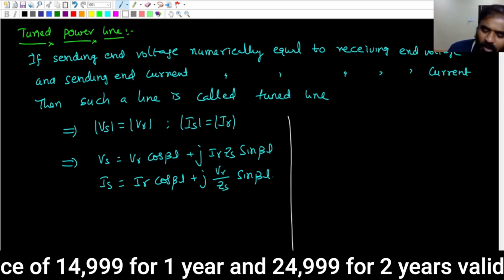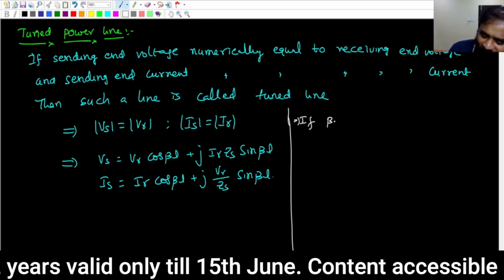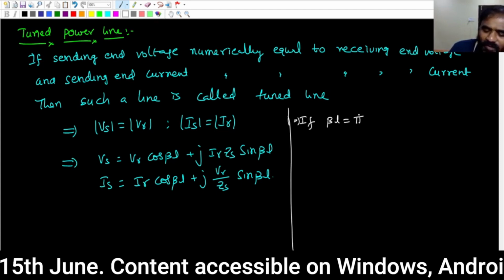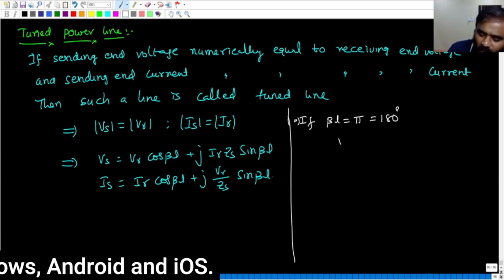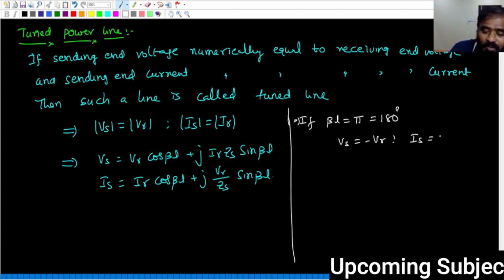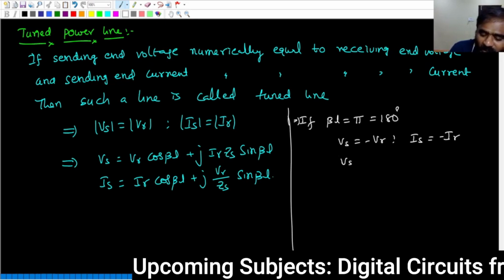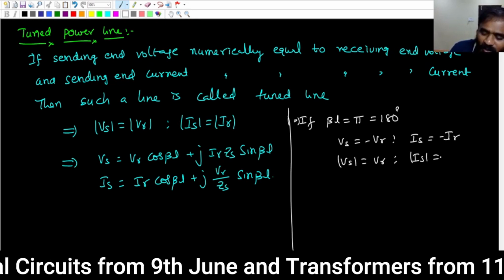Okay, for example, think like this. If beta L equals pi, 180 degrees, now tell me, what about Vs and VR? Vs is minus VR, Is is minus IR. So the Vs magnitude is VR, and the Is magnitude is IR.